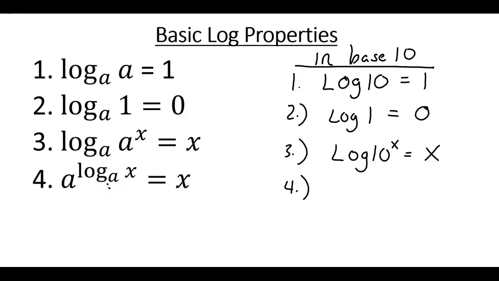So it's going to be 10 to the power of log, and we don't write that, x. So 10 to the power of log x equals x. So it's the same properties, they just look slightly different because we're not writing the base, but it's the same properties. So you just kind of have to train your eyes to get used to it.